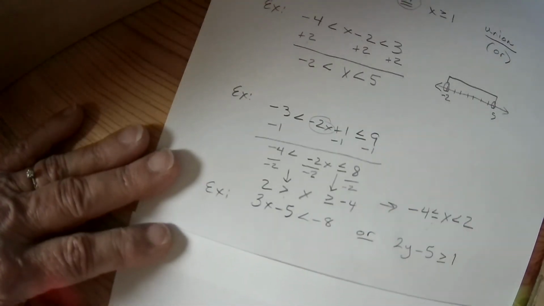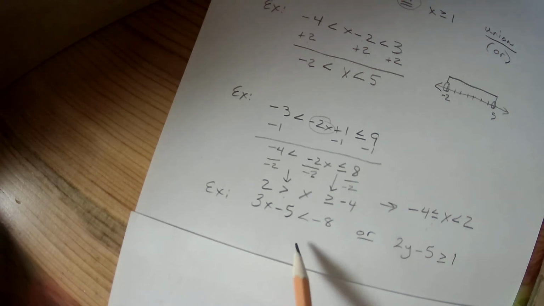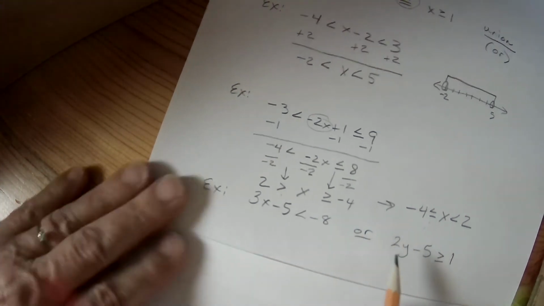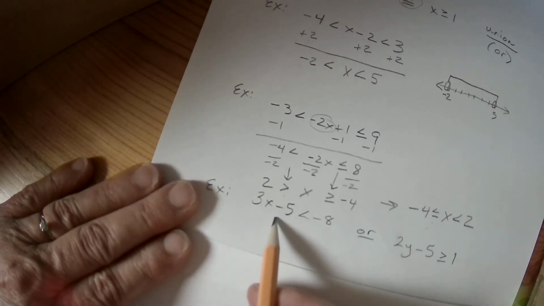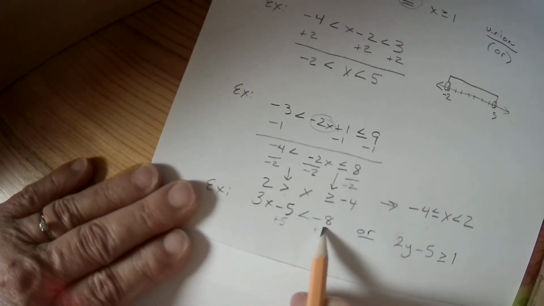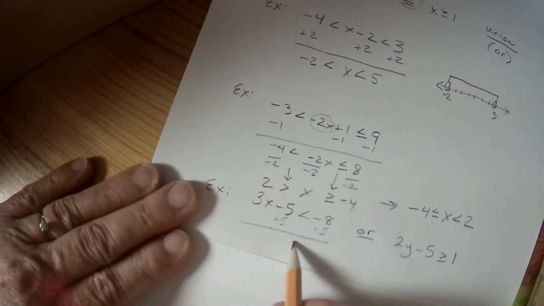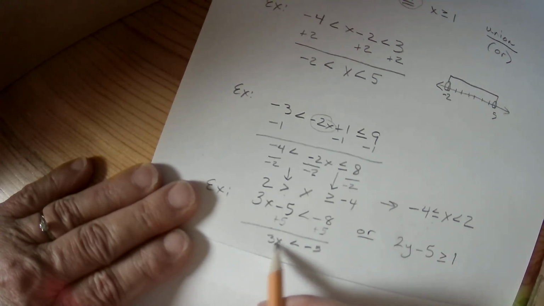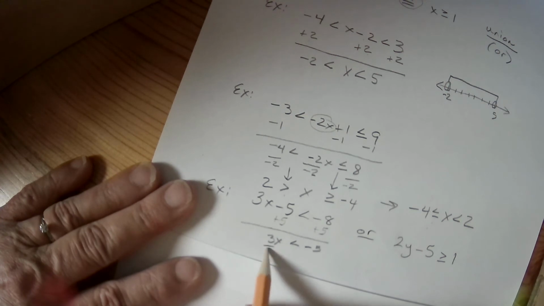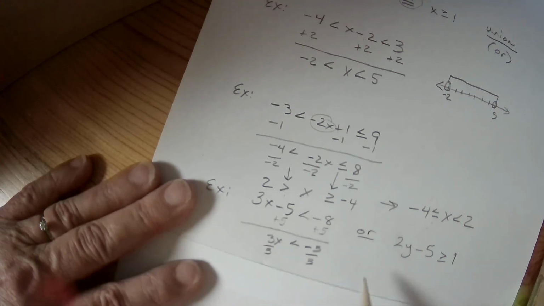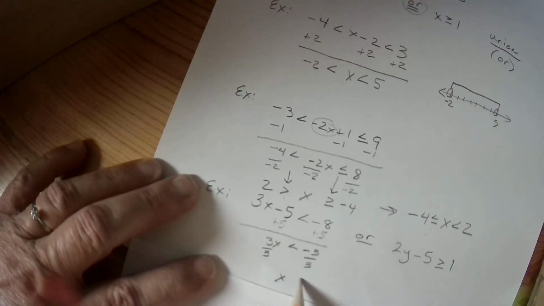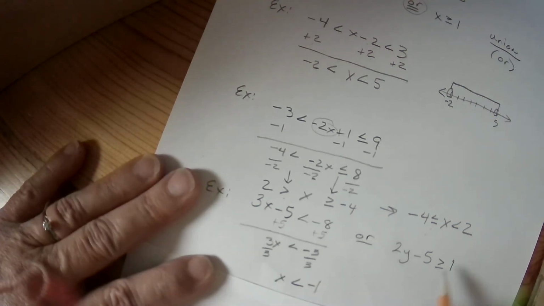Okay, so what do we do now on an or situation? We're just going to solve each one of these separately. So on this one, I would have to add 5 to both sides. This would be -3, and this would be 3x. And then I'd have to divide by 3, which leaves me on this side with x is less than -1.